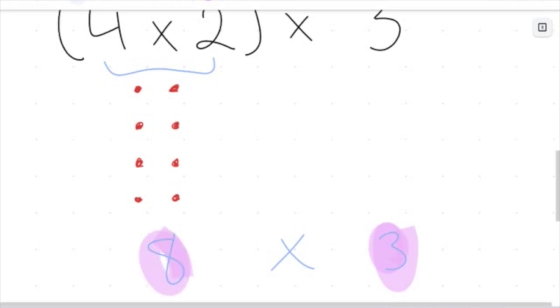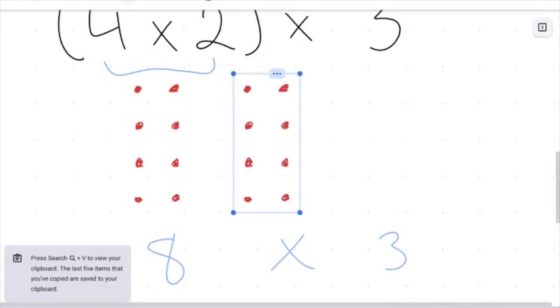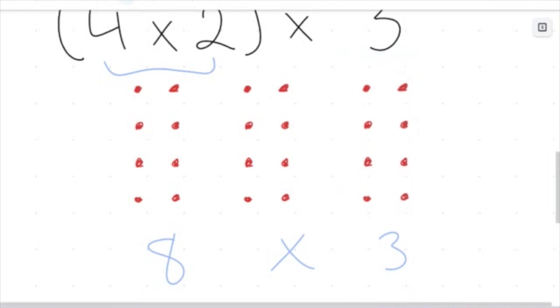Now, with the commutative idea, you can see that it doesn't matter which order we do these, we're going to get the same answer. Now, if I duplicate this another two times, so I copy, I paste. So here I've taken 2 lots of my 8, and I've taken another lot of my 8.